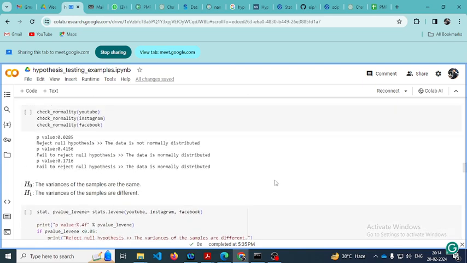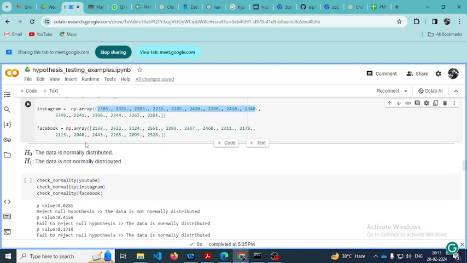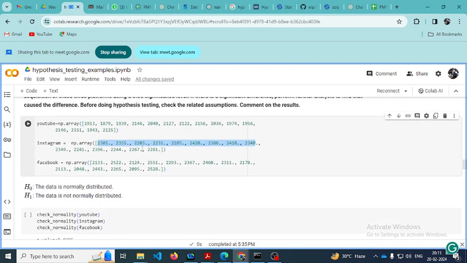Even from observation of this data, you may assume that the Instagram platform has more customer acquisition, but with such data you cannot come to a conclusion. This is small sample data.